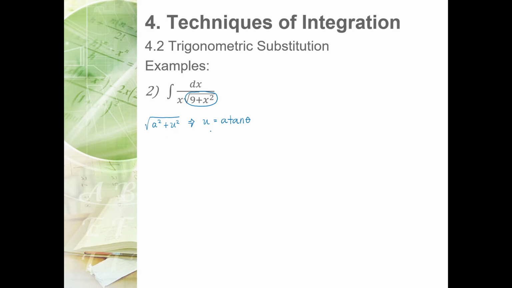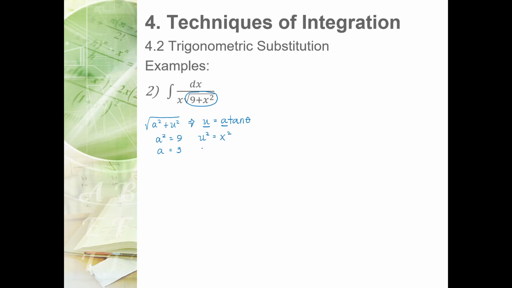Okay, alright, so next step is for us to identify the values of your a and your u parameter because we need that one for the formula later. So a squared first is 9 and then a is equal to 3. Next is u squared, which is the x squared.